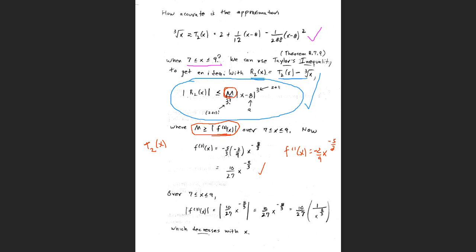So the derivative of that would be 10/27 times x to the negative 8/3.